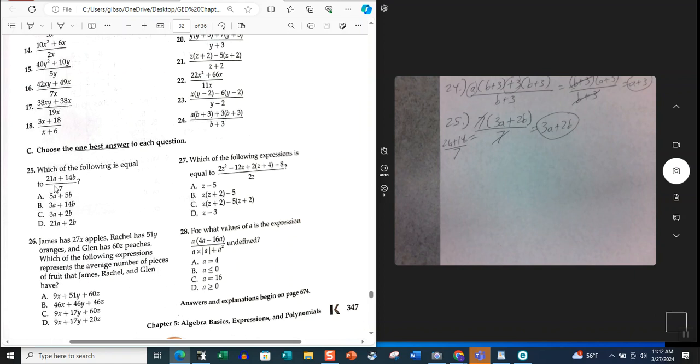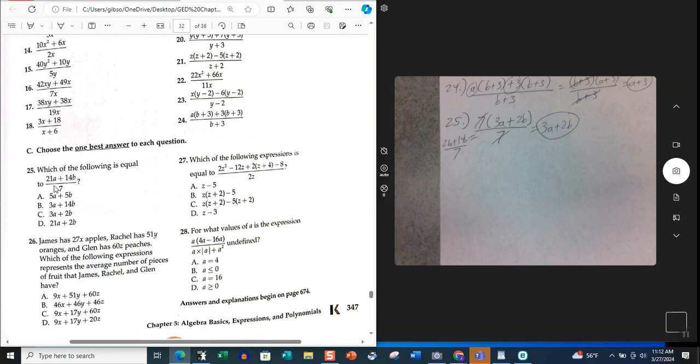Now 26. James has 27x apples. Rachel has 51y oranges. And Glenn has 60z peaches. Which of the following expressions represent the average number of pieces of fruit that James, Rachel, and Glenn have?